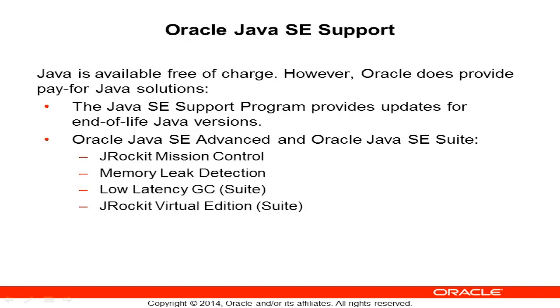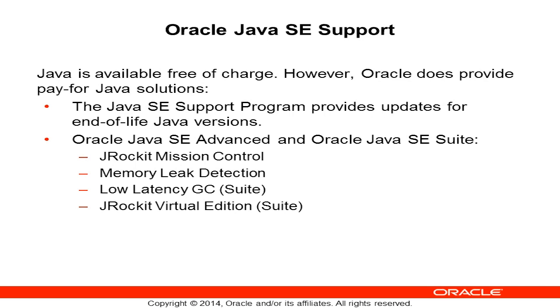The Java Development Kit is still widely available at no cost. However, Oracle does offer advanced commercial solutions which can be purchased from them for a fee. There used to be a Java for Business program, but that's since been replaced by Oracle Java SE Support. This provides access to things such as Oracle Premier Support, the Oracle Java SE Advanced, and the Java SE Suite binaries.